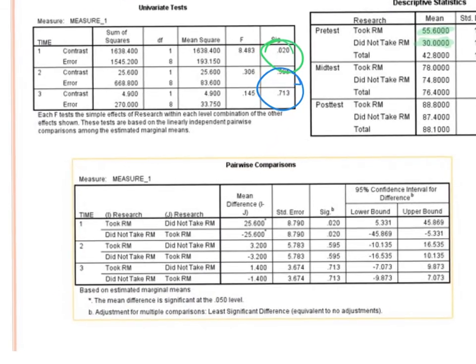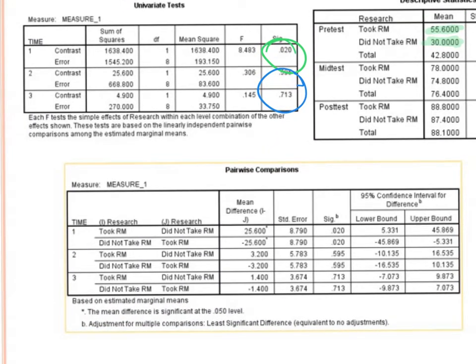The other way to look at that is the pairwise comparison. If I take the pairwise comparison at time 1, I compare those who took methods to those who didn't, and I have that difference. See how the p-value is the same as the p-value up here?